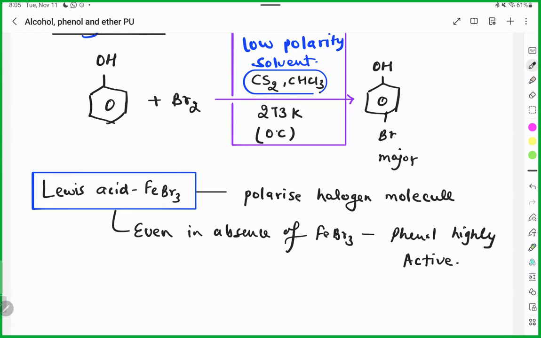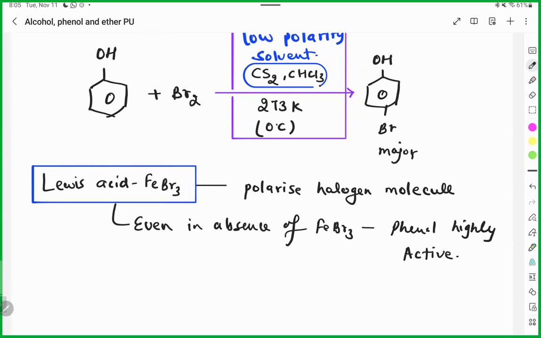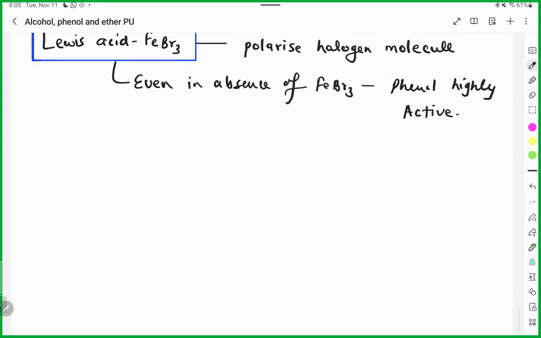It is always highly active. What is the reason? Because of the OH group, plus R is greater than minus I. Exactly. You have to write resonance effect, plus R. So when it reacts with bromine, what will happen? Poly substitution will occur.